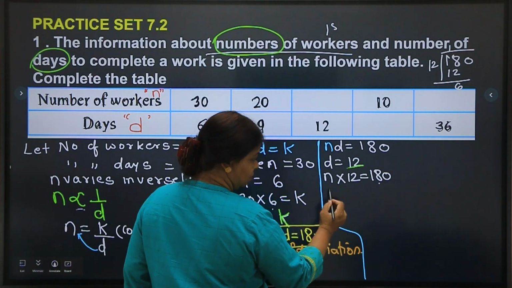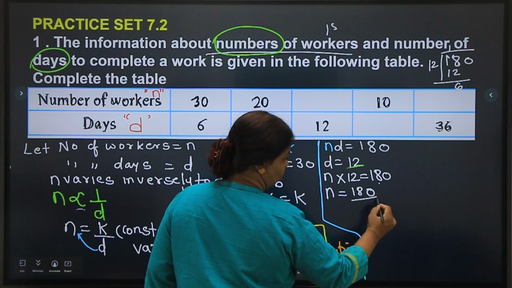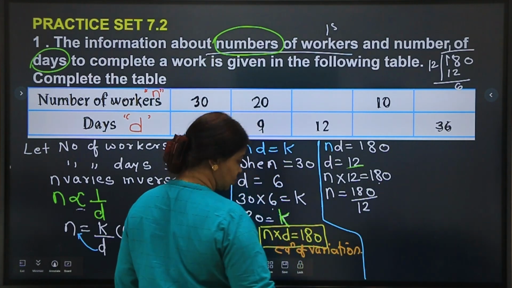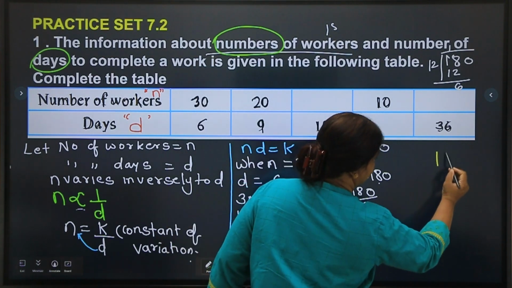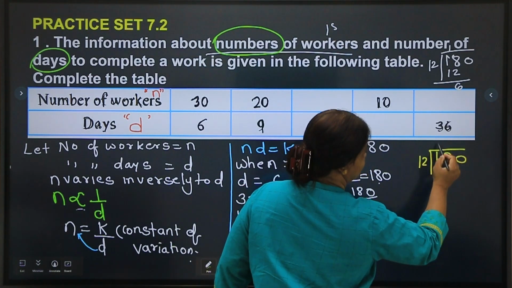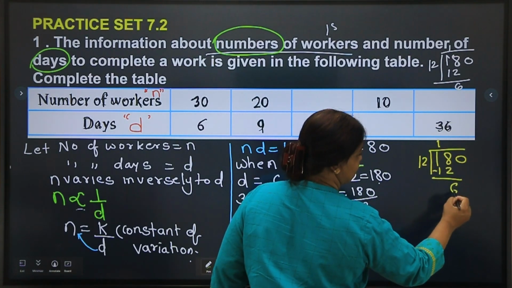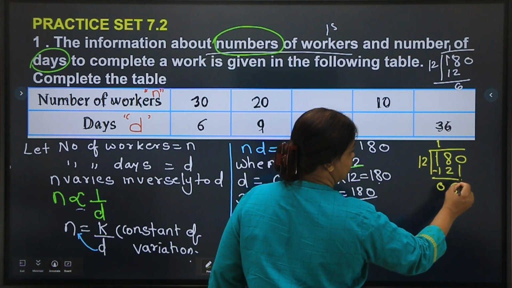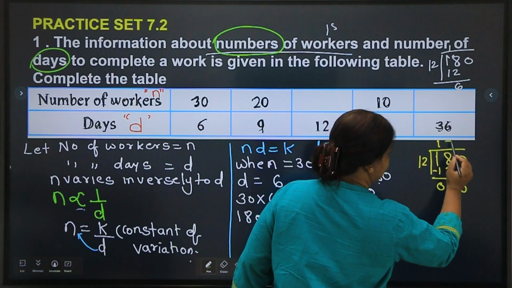12 will go down, n is equal to 180 upon 12. Let me show you the division here. 180 divided by 12. 12 ones are 12, minus, 6, 1 minus 1 is 0, 0 will come down. 12 fives are 60.